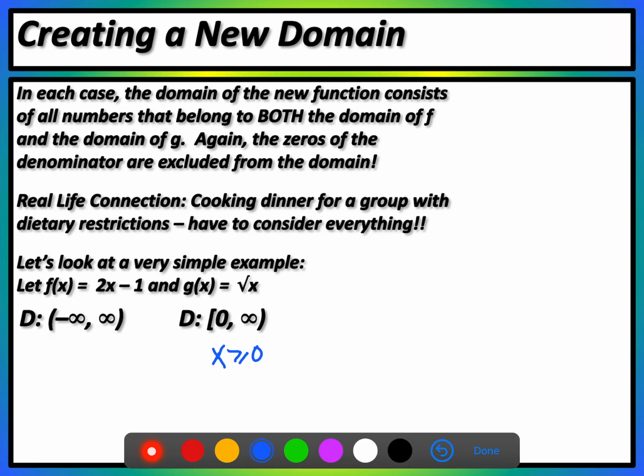We now need to take into account both of them. The domain for f plus g of x would have to take on all the restrictions from whatever is the most specific, which would be 0 to infinity. We could no longer include those negative numbers from the domain of f because they don't apply to the domain of g. So let's take a look at some examples.